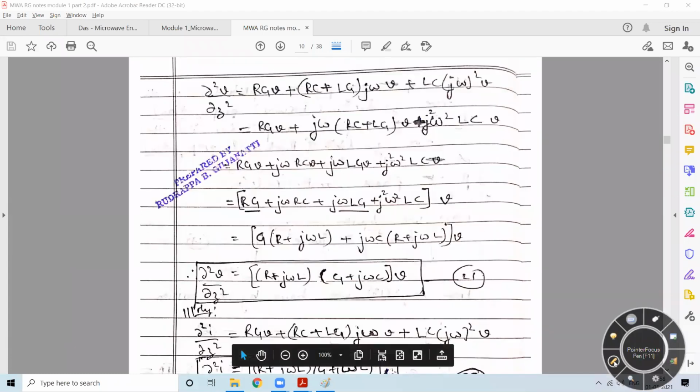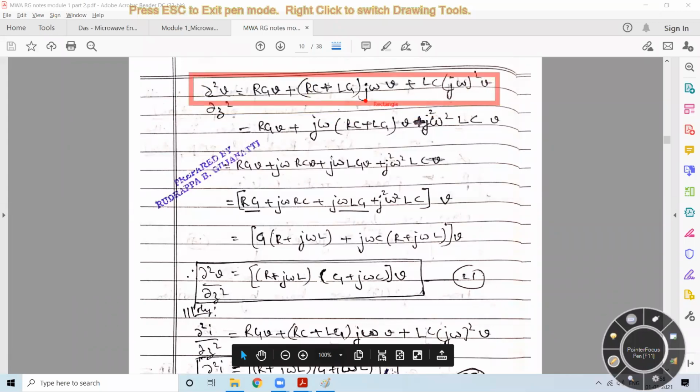So when I apply the same concept, I replace these parameters. Here we had dou v by dou t, so dou by dou t is replaced with j omega, and similarly dou square v by dou t square we replaced with j omega the whole square.